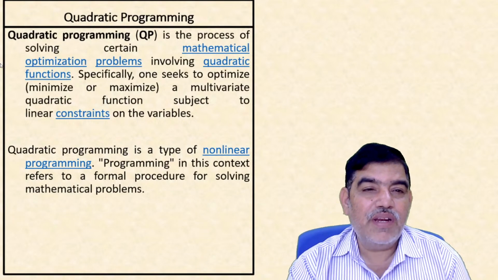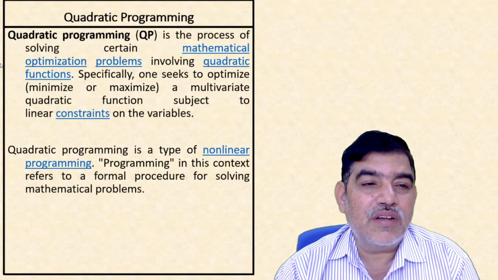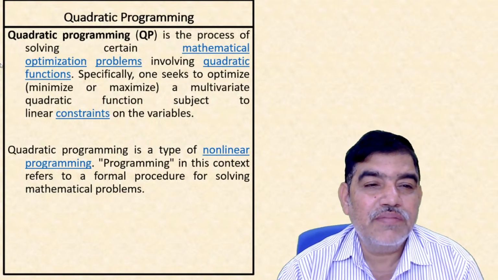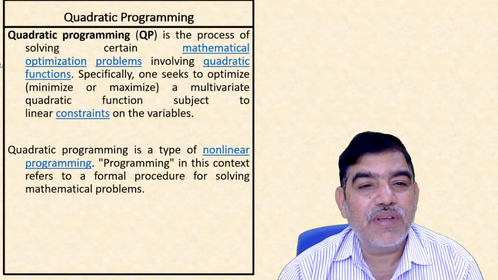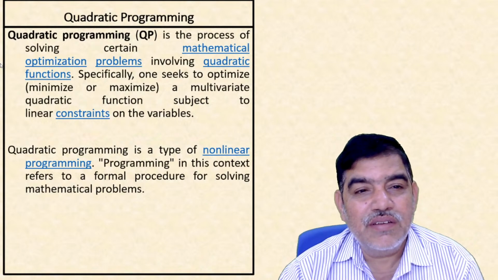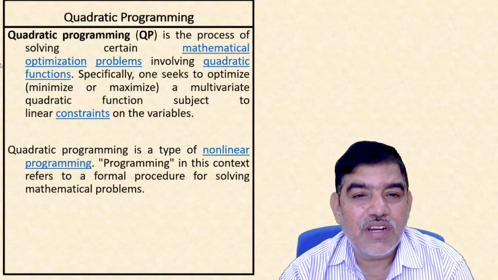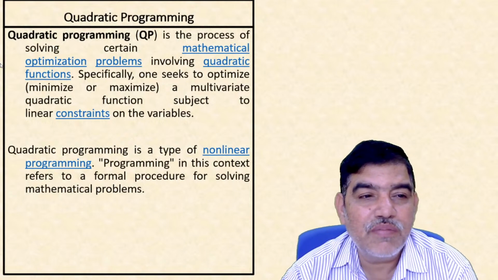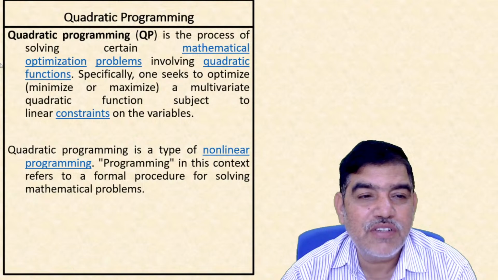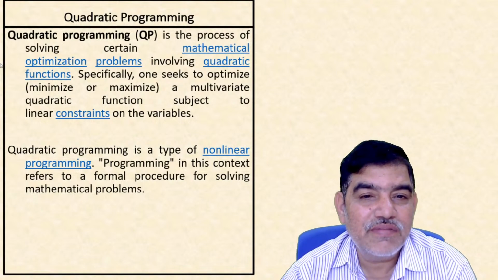Then there are different other concepts in nonlinear programming, that is quadratic programming. What is actually quadratic programming? Quadratic programming, QP, is the process of solving certain mathematical optimization problems. An optimization problem is either maximization or minimization involving a quadratic function. In a quadratic function, what is the degree?